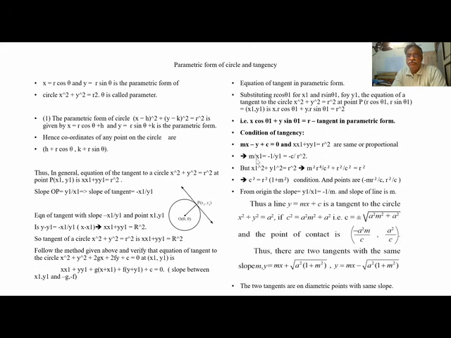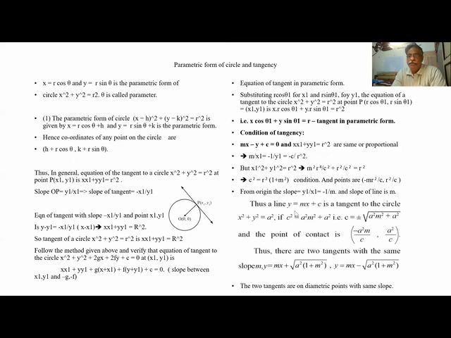And what are the points on the circle? x1 is minus m r² by c, and y1 is r² by c. So these are the two conditions we have to remember. Even if we don't remember these, we should remember the equations from which everything will come automatically.